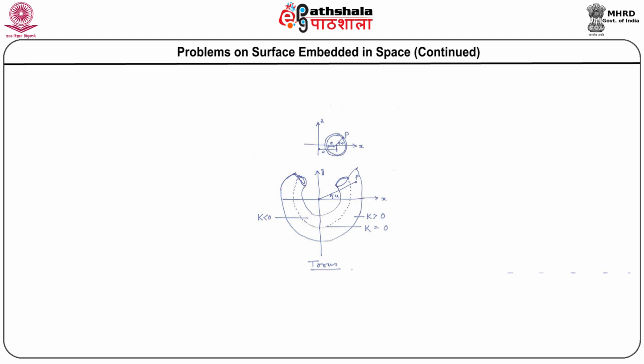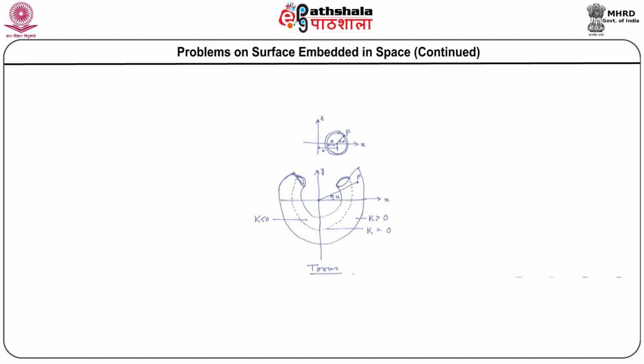Now, this one can be understood from this figure. The circle is on the xz plane and its center is alpha, 0 and radius is c, and P is a point on the circle and v is the directed angle.